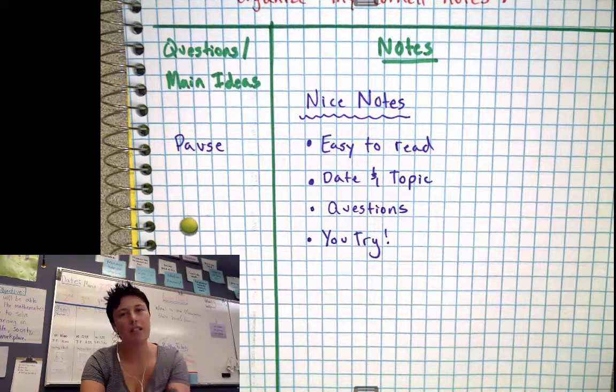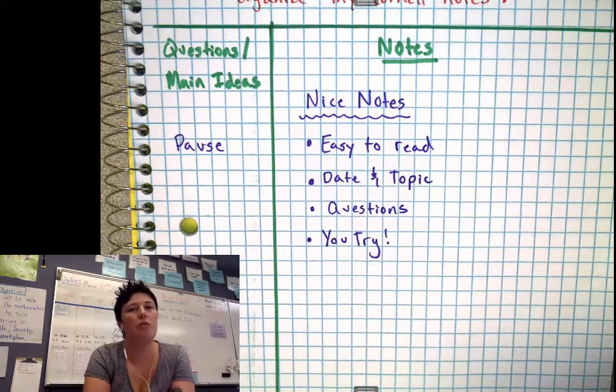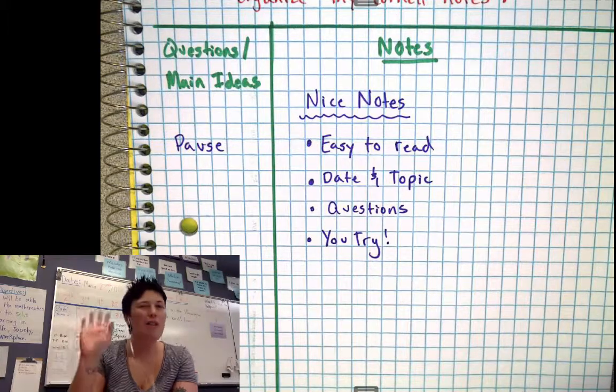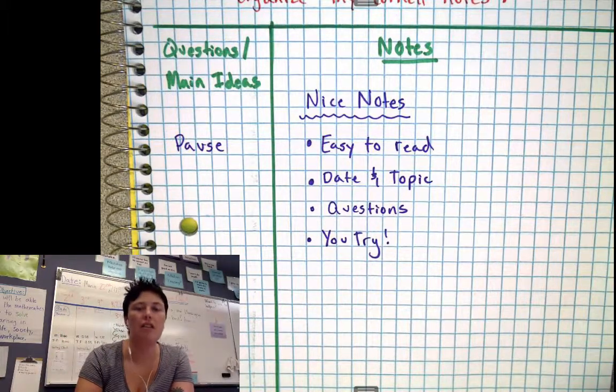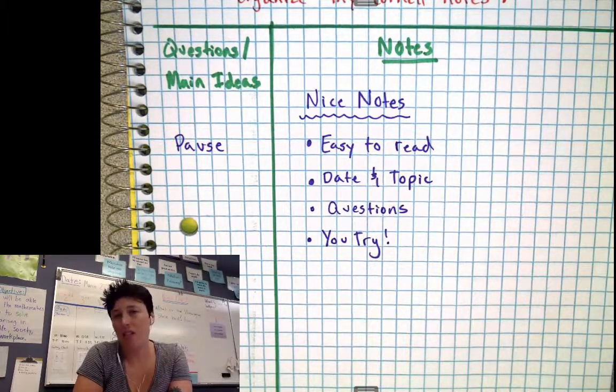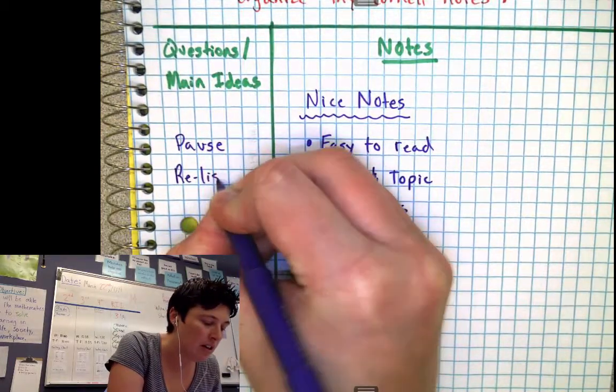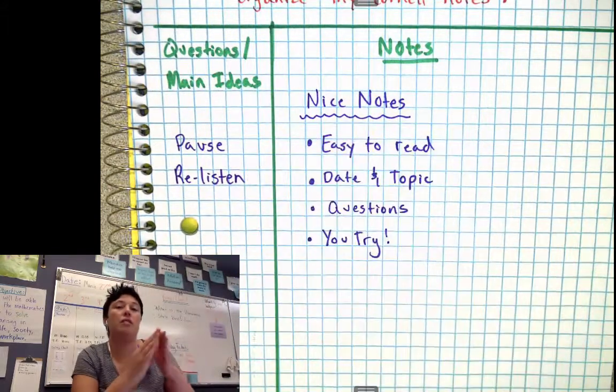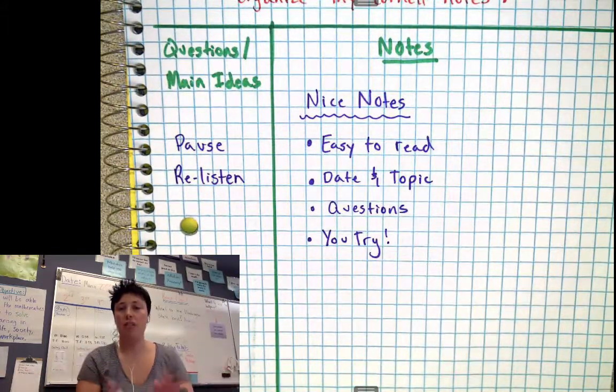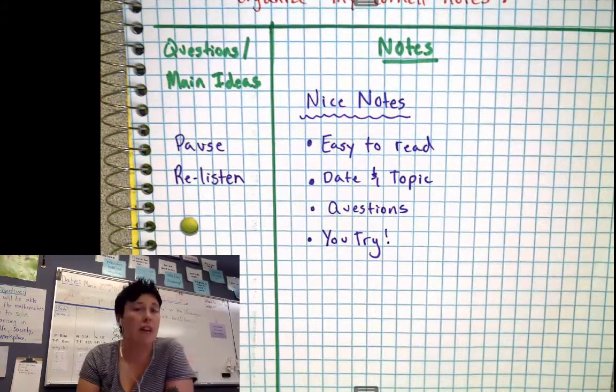In class, it's hard to do because a lot of times teachers will go at one speed and you might not always want to raise your hand and slow the teacher down. But with the device, you go at your own speed and that's totally fine. I also have a lot of students who like to listen twice. So they re-listen. Some of them like to listen one time all the way through and they just sit back and watch the video and don't write anything.